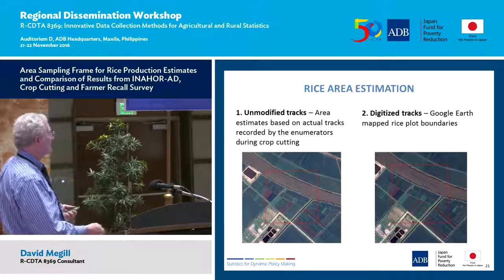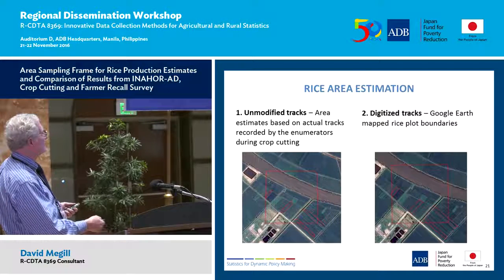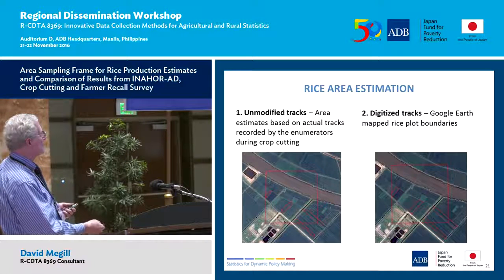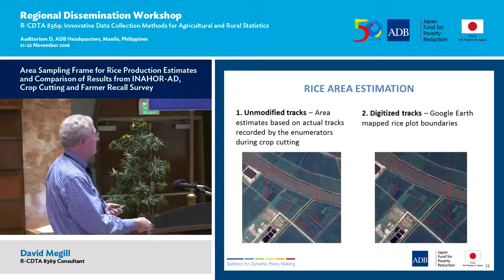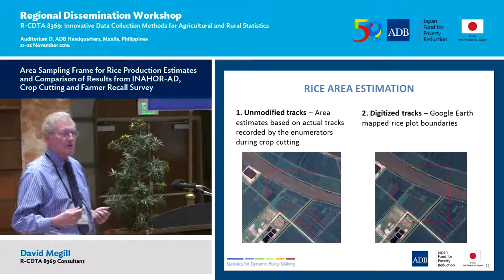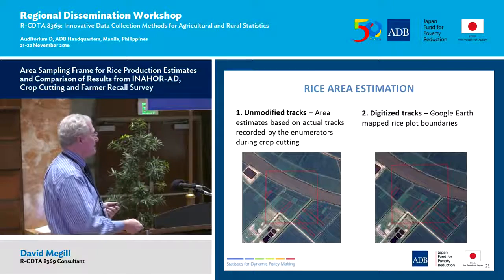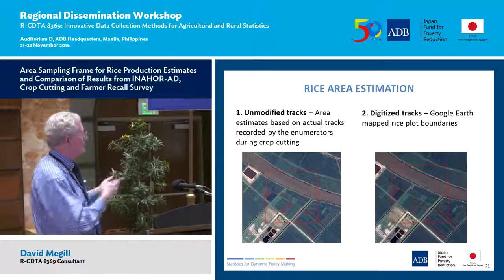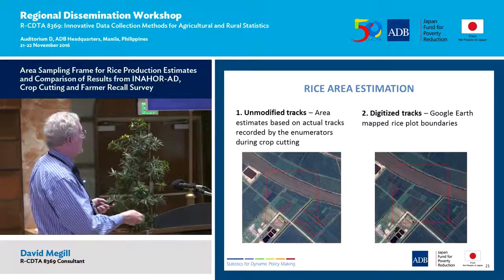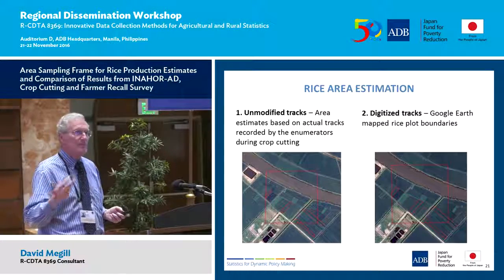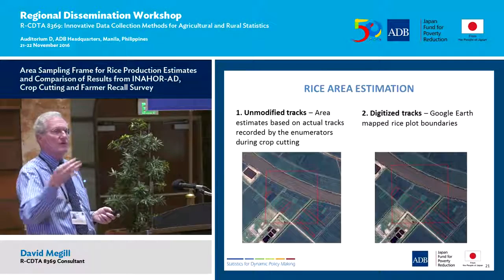Then we got another measure of the area with digitized tracks, using Google Earth mapped rice plot boundaries from recent Google Earth images that corresponded to this season. We compared these in the papers that are being written for each country.